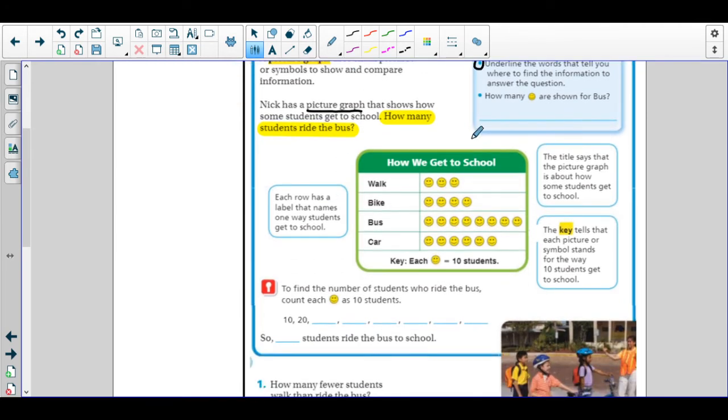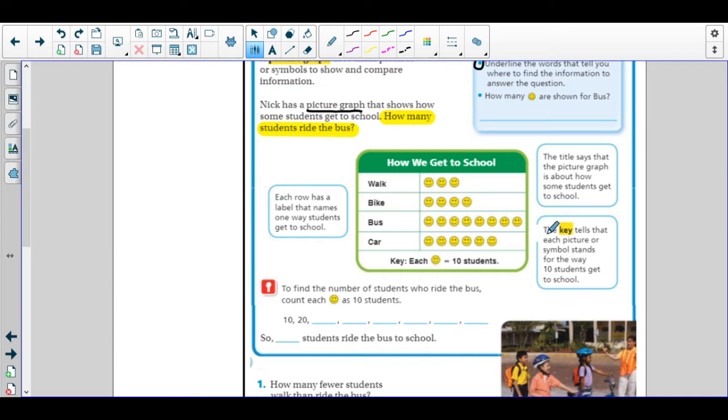So we have a picture graph right here. It shows how some students walk, bus, or I'm sorry, bike, bus, or car. Each row has the label of names, how they get to school. The title, right up here, says that the picture graph is about how the students get to school.